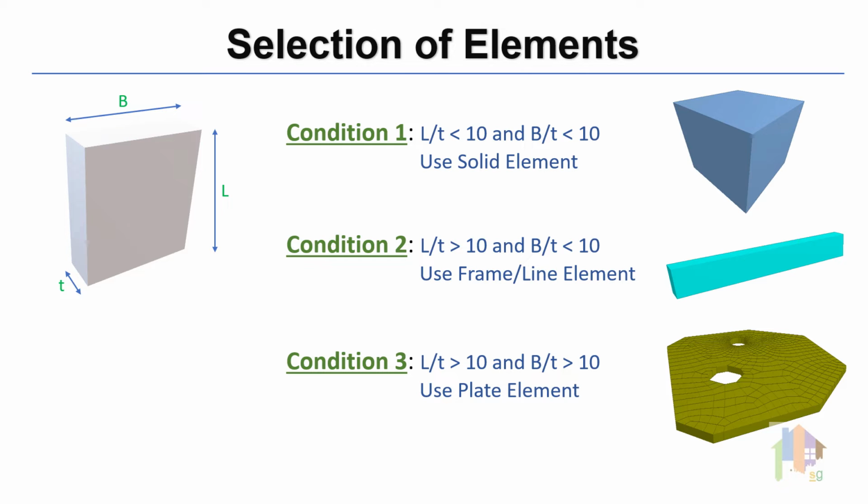And finally, if both L by T and B by T are greater than 10, which means thickness is very small compared to the other dimensions, then you can model it using plate elements. Well, this is just a thumb rule that many structural engineers follow. But for your project, you are the best person to fix the type of element used in the model.